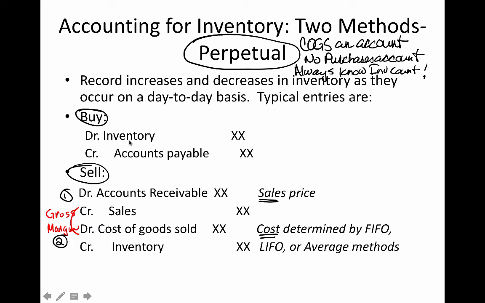When you buy inventory this way, you debit inventory, you credit accounts payable for its cost, and then when you sell it, there is not one but two entries. The first one is to record the selling price, debit accounts receivable, credit sales, but the second one is to debit the account, cost of goods sold, and credit inventory for the cost as it's determined by either you using the FIFO method, the LIFO method, or the average cost method.